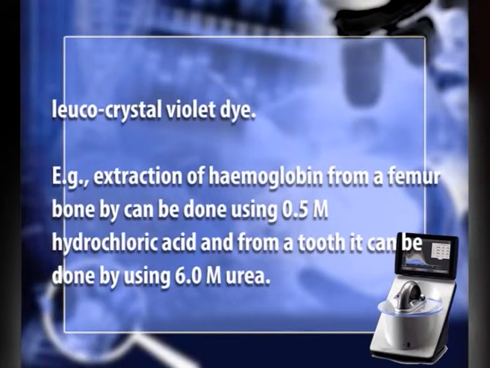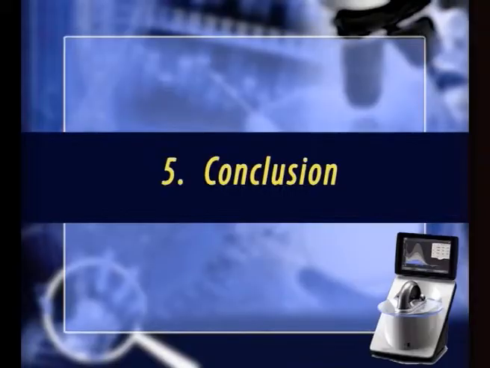For example, extraction of hemoglobin from a femur bone can be done using 0.5 molar hydrochloric acid, and from a tooth by using 6.0 molar urea. A violet product is obtained when these extractions are treated with leucocrystal violet. Using the measured absorbance at 590 nanometers of each extraction, the corresponding amount of hemoglobin in each sample can be determined.